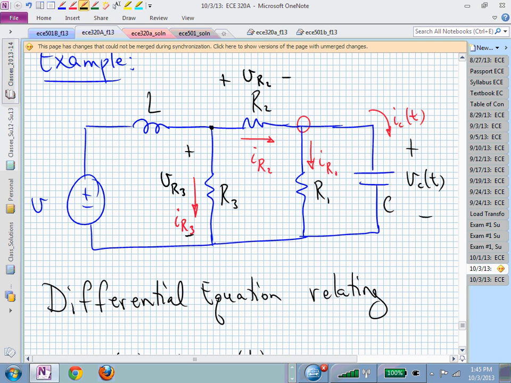I sub r sub 2 times r sub 2. We know that in terms of v sub c. V sub r sub 3 is now v sub r sub 2 plus v sub c. We know that in terms of v sub c. Once we know the voltage across R3, we know its current. Once we know that current, and we know I sub r sub 2, we know the current through the inductor.